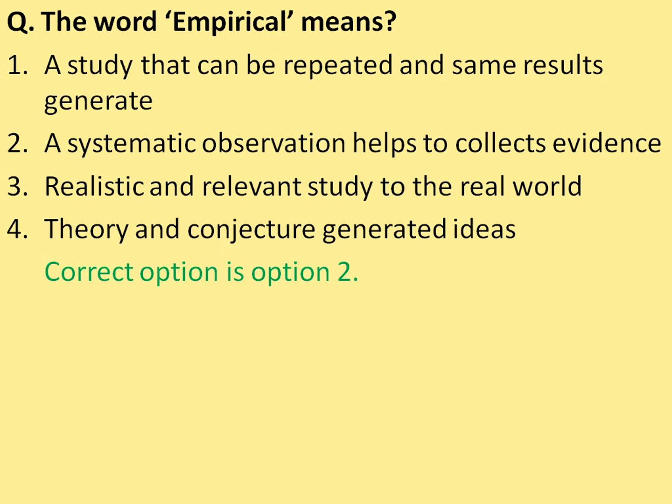Option 1, a study that can be repeated with the same results, is replication. It is not empirical. A systematic observation that helps to collect evidence is empirical. When you systematically observe anything and collect the evidence, that is empirical. So the correct option here is option 2.